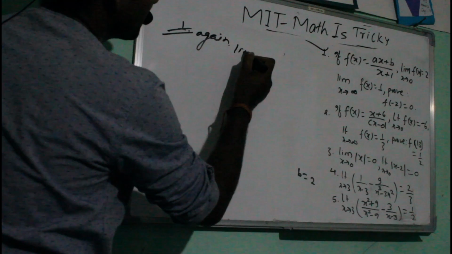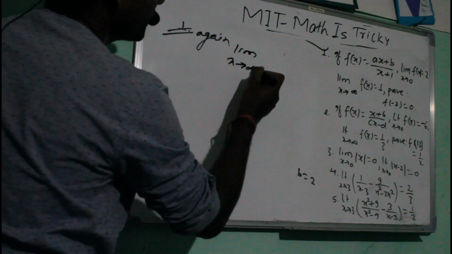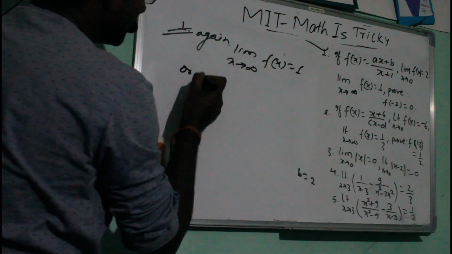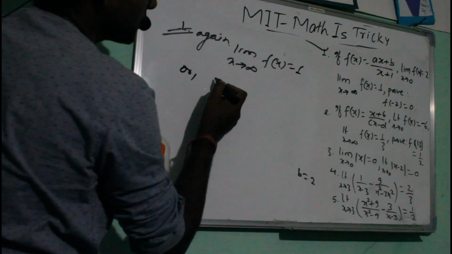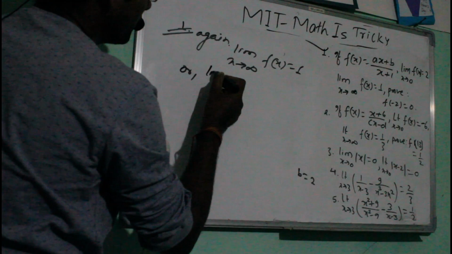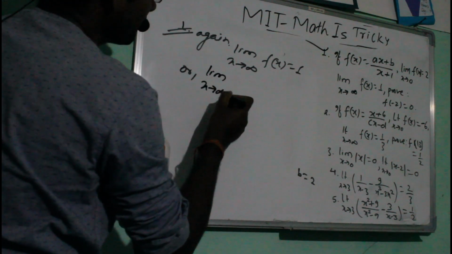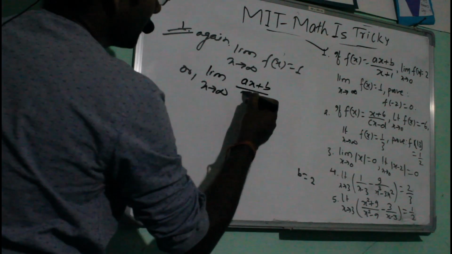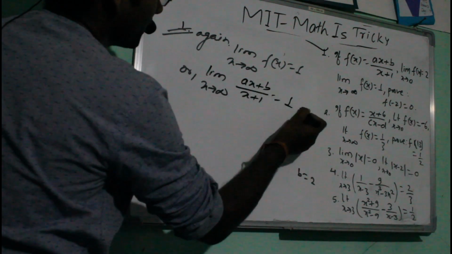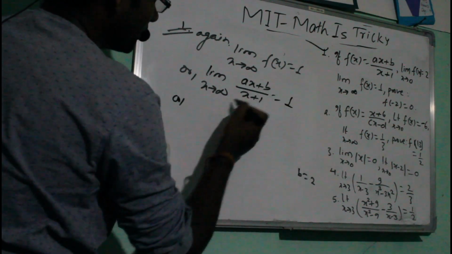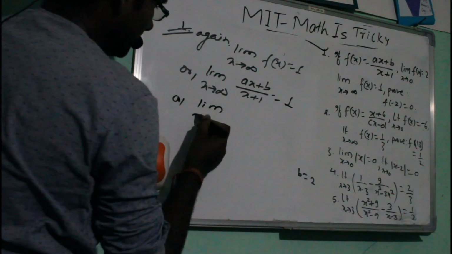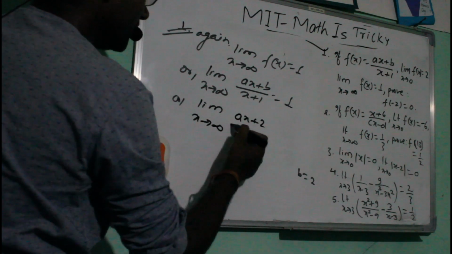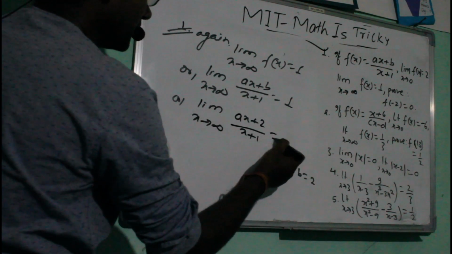Again we are given limit x tends to infinity, f of x equals 1, so we can get the value of a from this. f of x is ax plus b by x plus 1, and we have the value of b as 2, so limit x tends to infinity, ax plus 2 by x plus 1 equals 1.